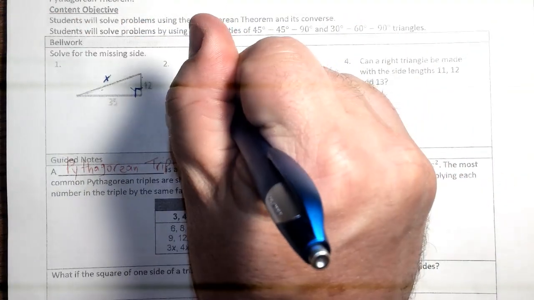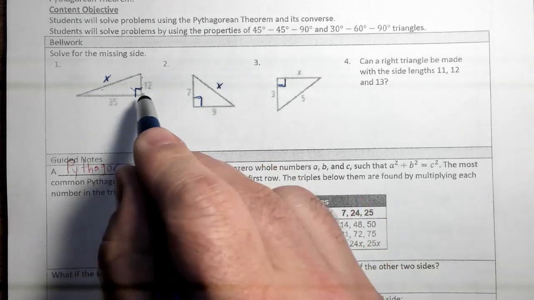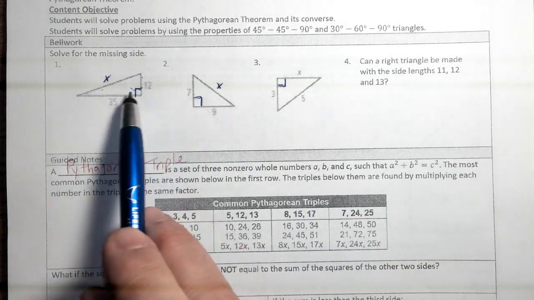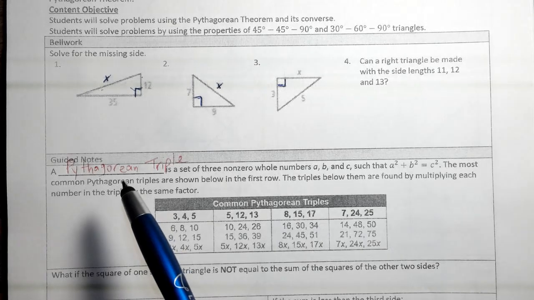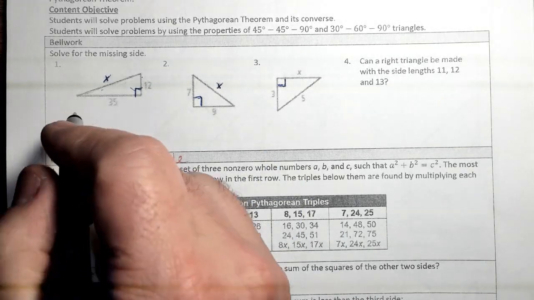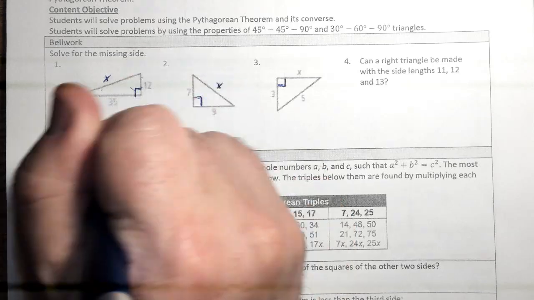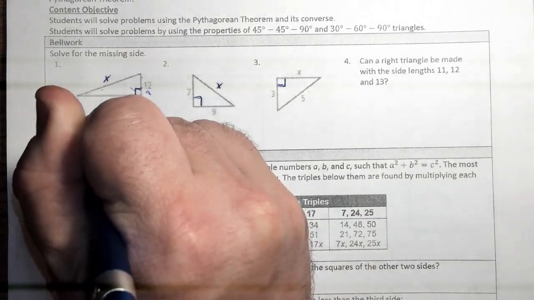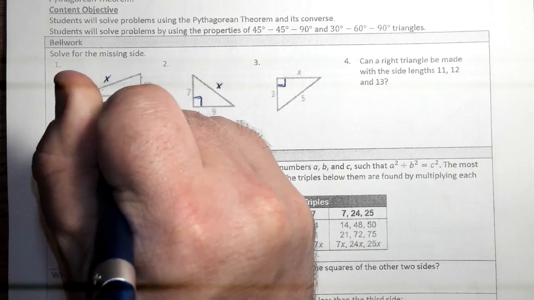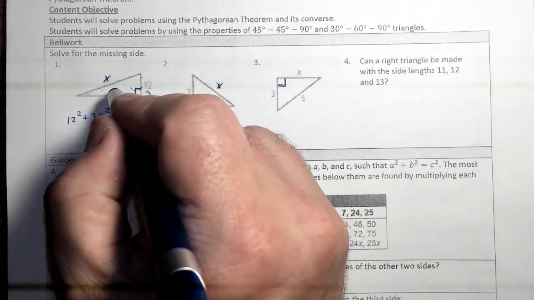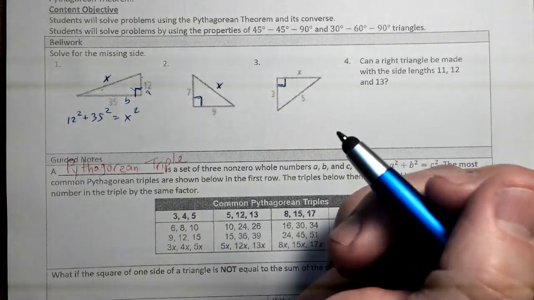So this one here is x. Looks like x is going to be the hypotenuse for number 1 and 2. Number 3, it's going to be one of the other sides. So, start with 12 as our a squared, 35 will be our b squared, and x is going to be our c, and x squared is going to be our c squared.